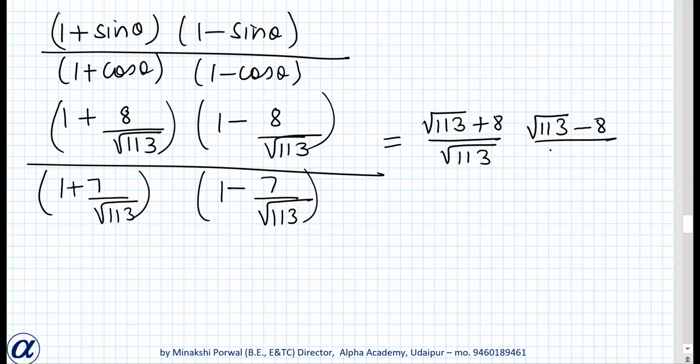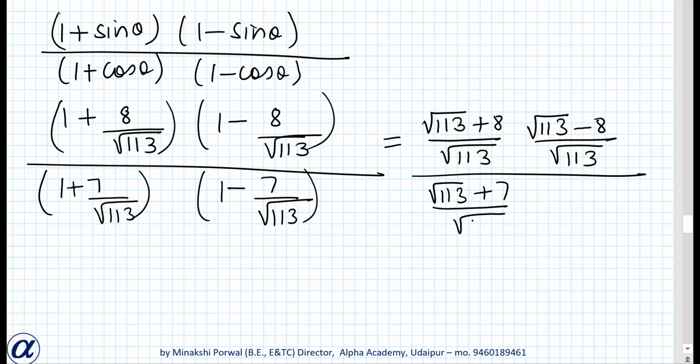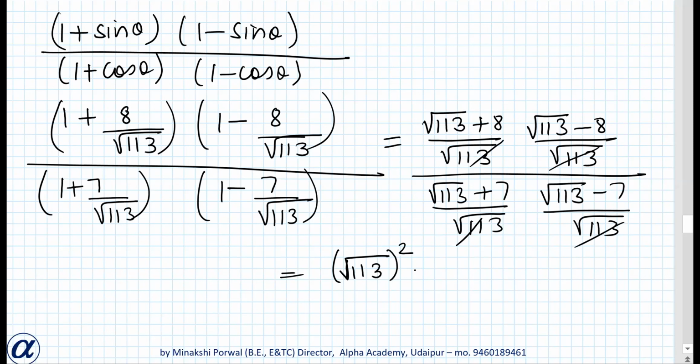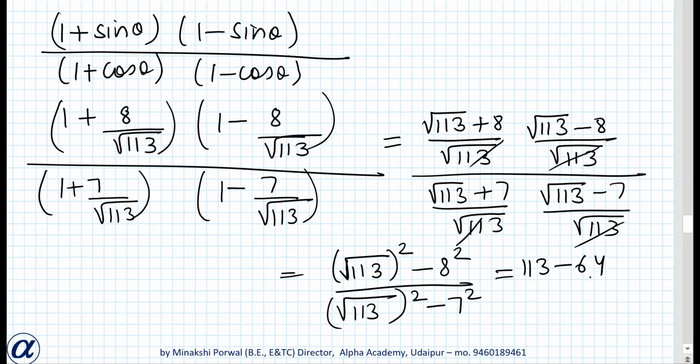We can even use the identity. Now we will use identity only. So a plus b, a minus b will be a square minus b square. So 113 minus 64, 113 minus 49.